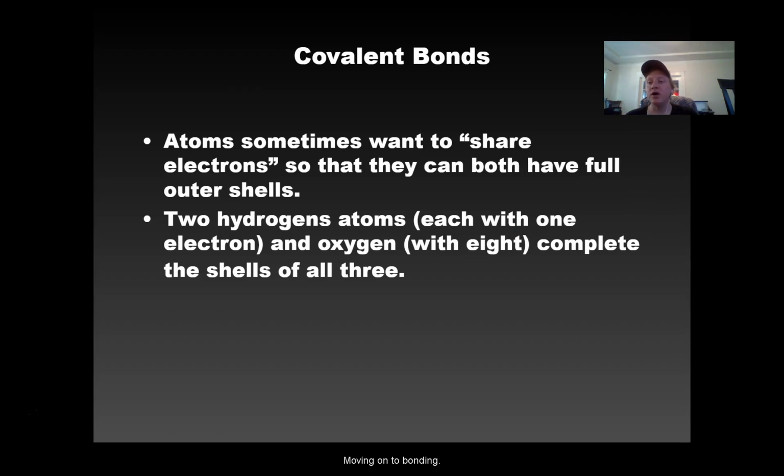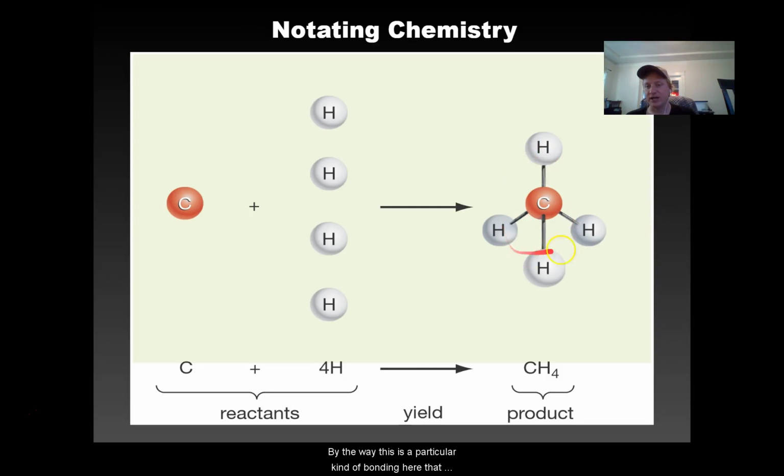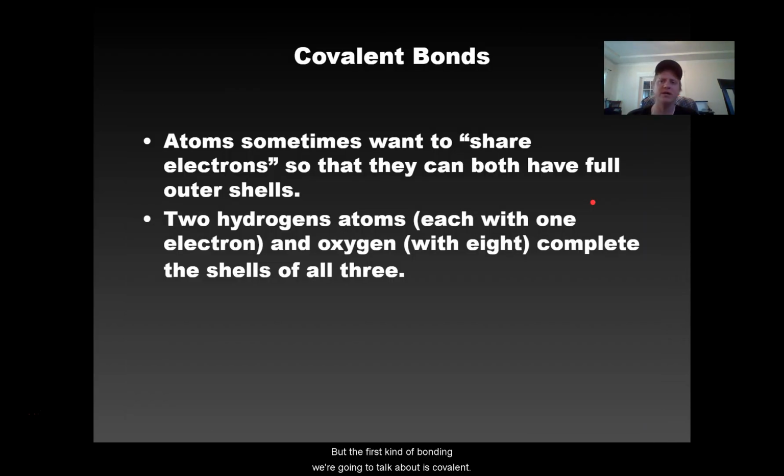So moving on to bonding, which, by the way, this is a particular kind of bonding. Here, these hydrogens with this carbon are all bonded together. But the first kind of bonding we're going to talk about is covalent. So co, sort of meaning together, valent referring to valence electrons. So in covalent bonding, elements share electrons with one another so that they can both have full outer shells.